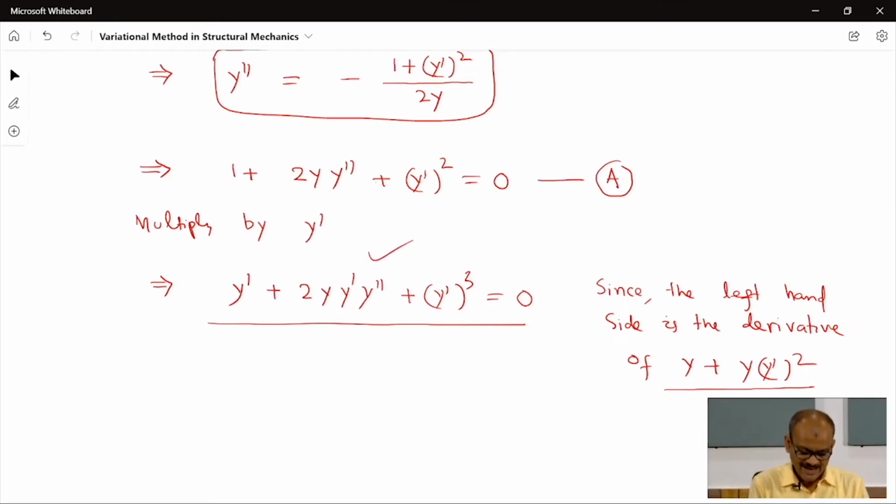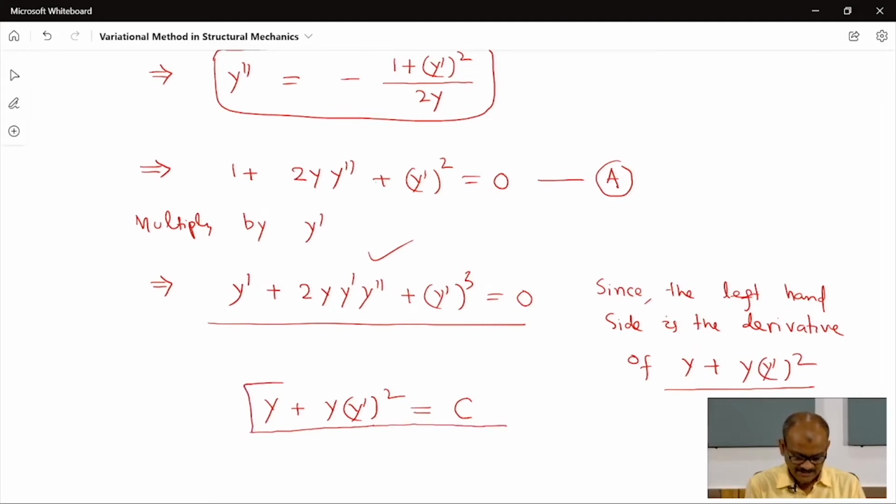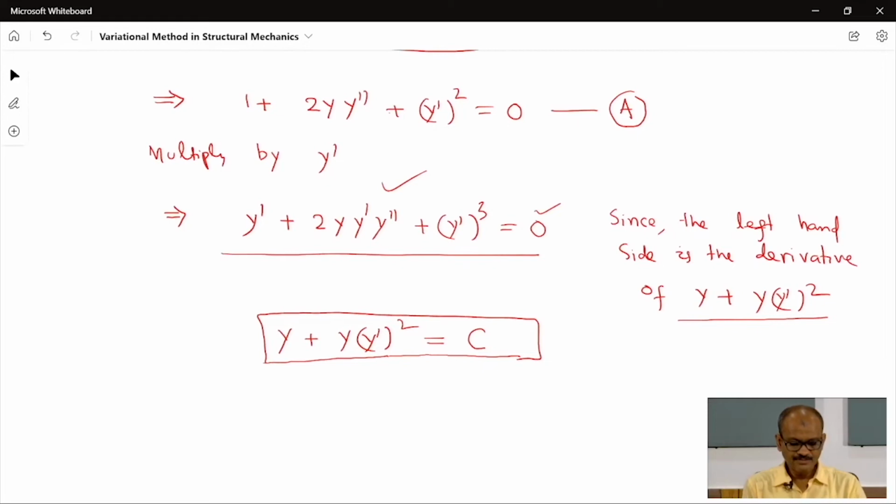So you can write y plus y into y dash square is equal to constant, because the derivative of this is equal to 0. If you differentiate a constant, that will become 0. So y plus y dash square is equal to c.